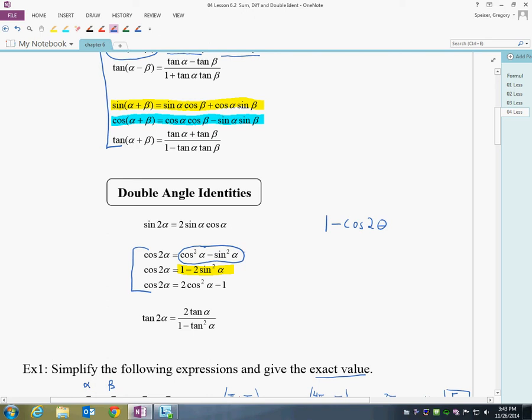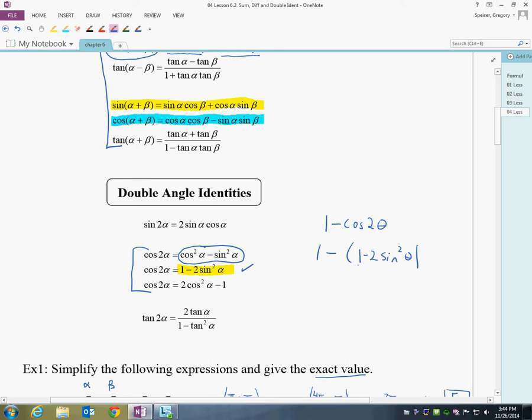So 1 minus cos 2 theta, I could insert this cos squared minus sine squared in for the cos 2 theta. I could put this one in, or I could put this one in. Of the 3, I'm thinking, hey, I like this one here. Because if I take this 1 minus 2 sine squared theta, I'm moving from 2 terms to, look what happens when I take the brackets off, 1 minus 1.